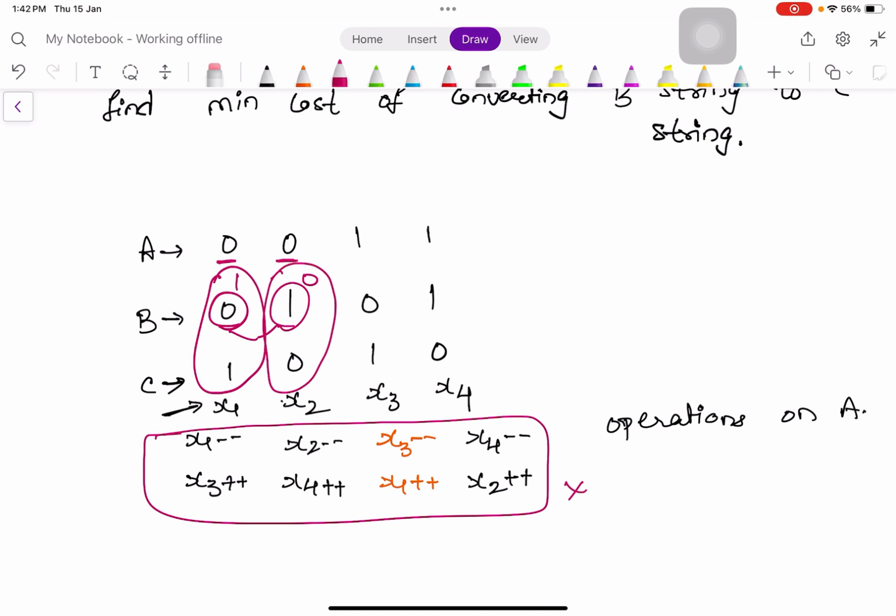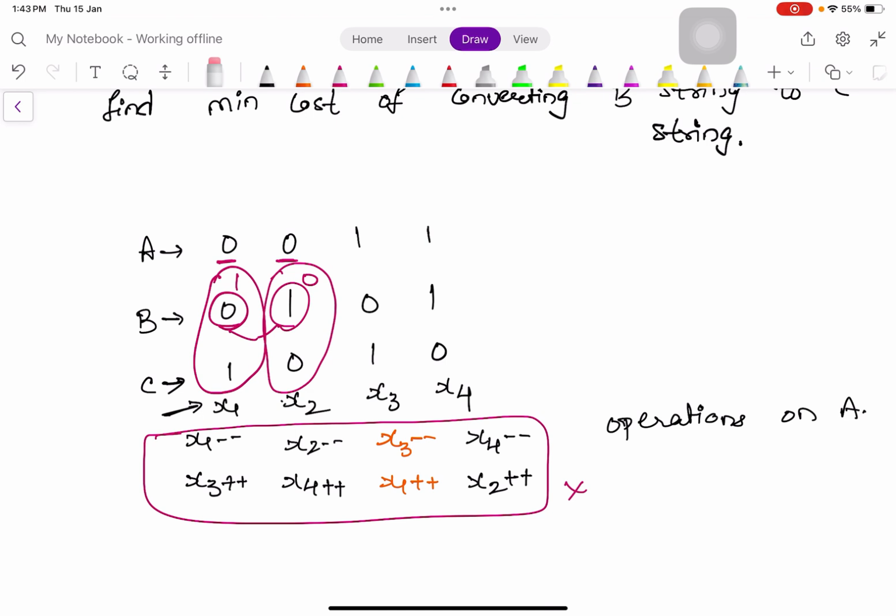Similarly, second character of B string and C string also matches, right? So this swap operation can be performed. But in order to do that, we actually have to understand what happens when we perform the first operation on the string A or the string B, right?